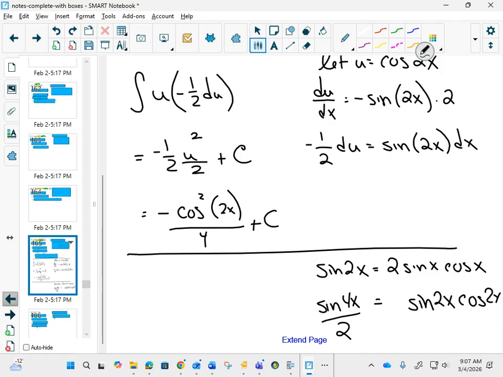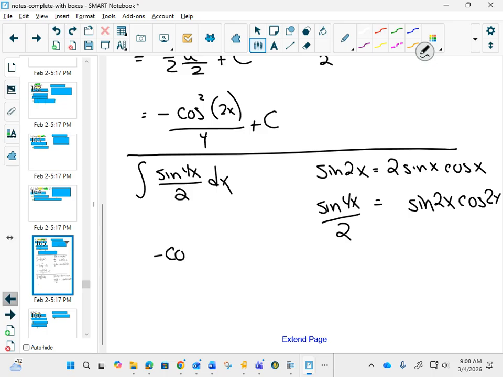You can play around with your identities. I'm sure that's what you wanted to hear. And I could change this integral of sine 2x cos 2x dx to sine 4x over 2 dx. What's the integral of sine?